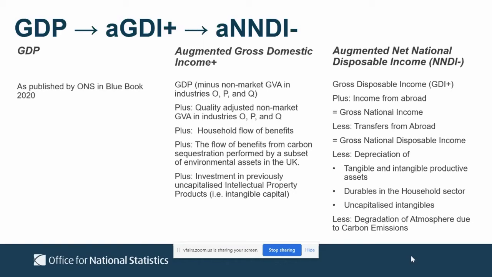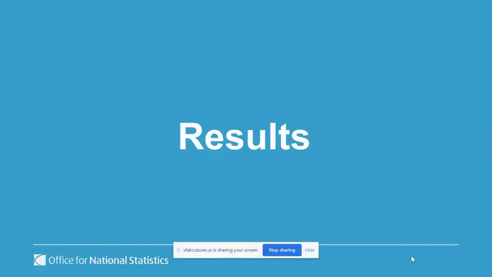We're going to capture the value of these durables, whether that's white goods, cars, or computers. We're going to take off the depreciation of those uncapitalized intangibles, and we're going to look at what we can do around degradation of the atmosphere using some methods which have been proposed under the current negotiations to revise the SNA and to make sure we remain in line with the SEEA.